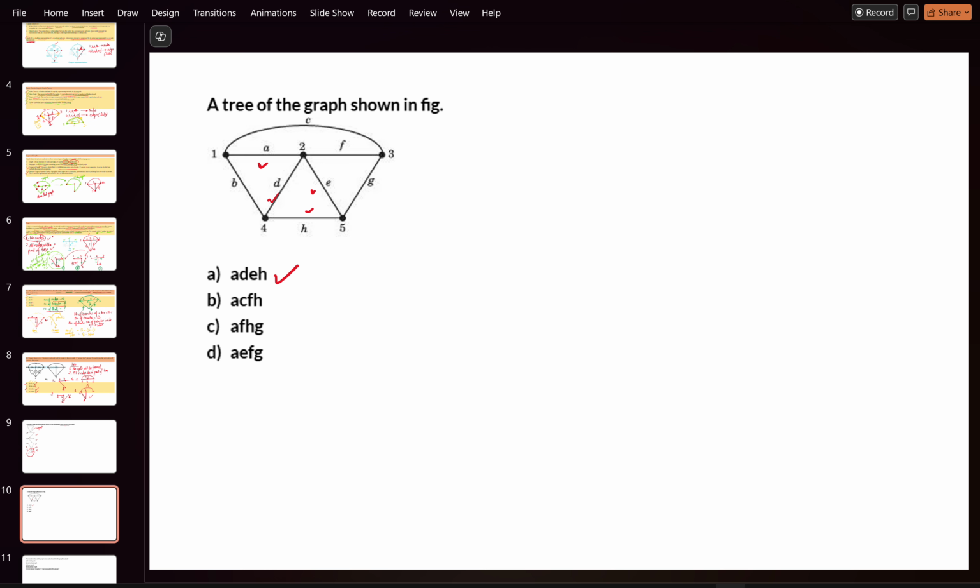There are more questions on trees as well. So the basic definition of a tree, the criteria to find out, is first that no cycle will be formed, and second that all nodes will be part of that subgraph.